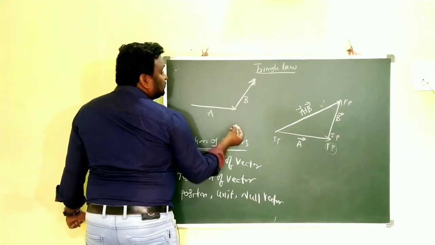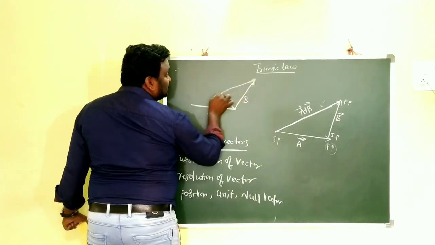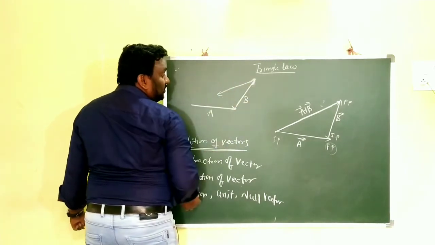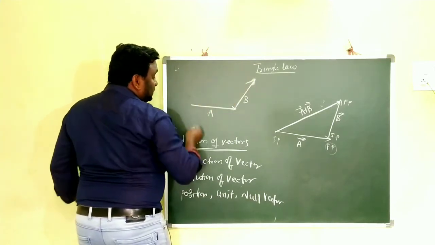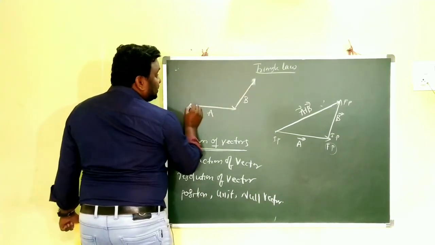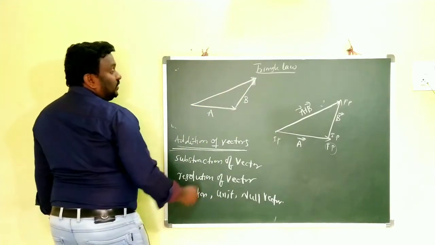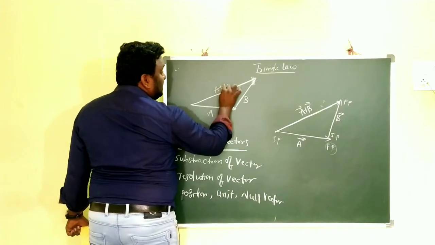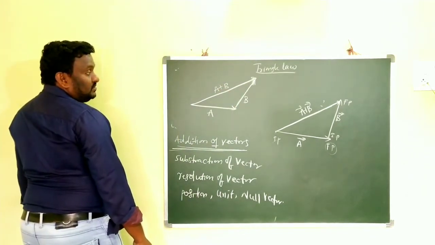Next, if any vector is there, it should be given like this, with initial point and final point, but in reverse we are giving like this. A vector is joined from the initial point of the first to the final point of the second vector. Now it is A plus B. Children, A plus B. Clear?